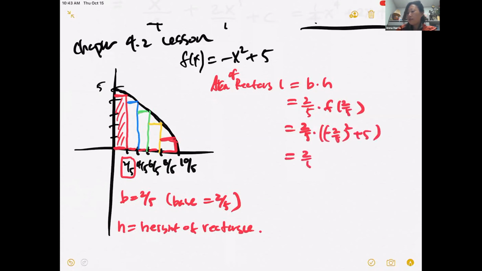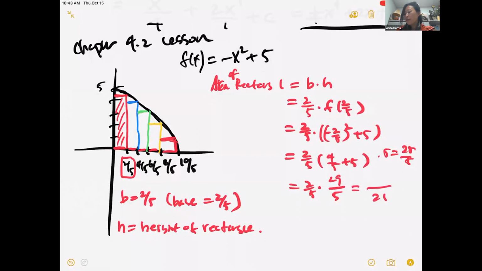That gives me 4/25 plus 5, and 5 is the same as 125 over 25, so that's 129 over 25.